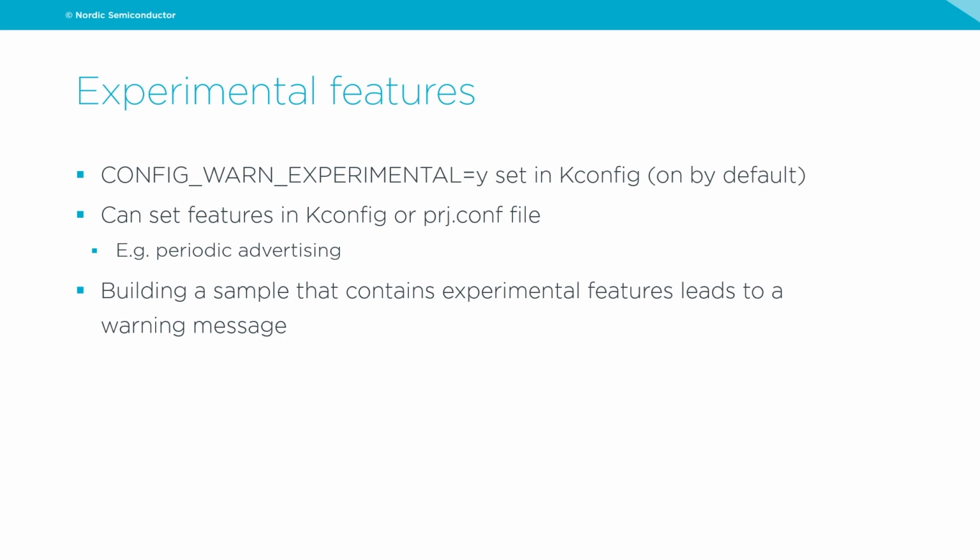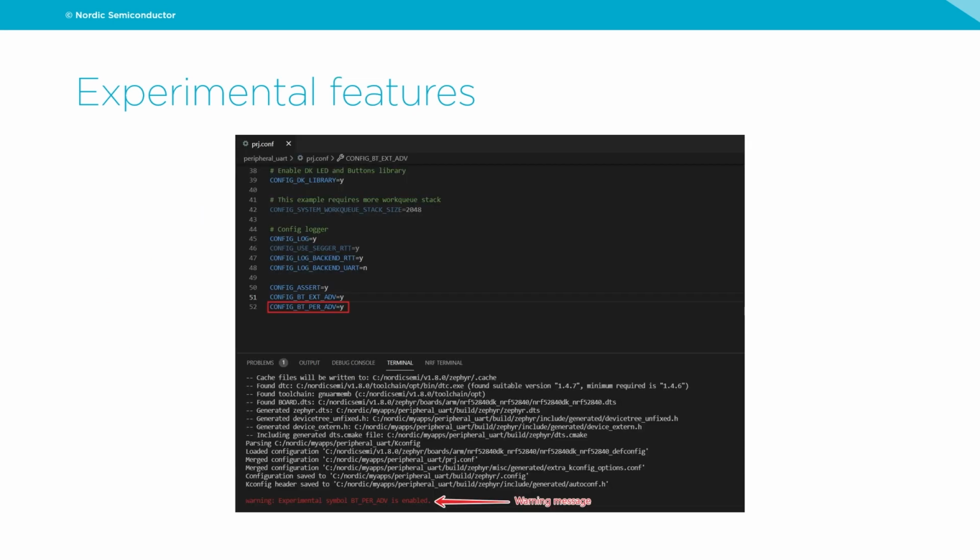For example, if you build a sample that contains experimental features, such as periodic advertising, then that will lead to you getting a warning message. This can be seen here. The Bluetooth periodic advertising, which is still an experimental feature, is set in the project config file. And then we can see at the bottom that you do get a warning message there.